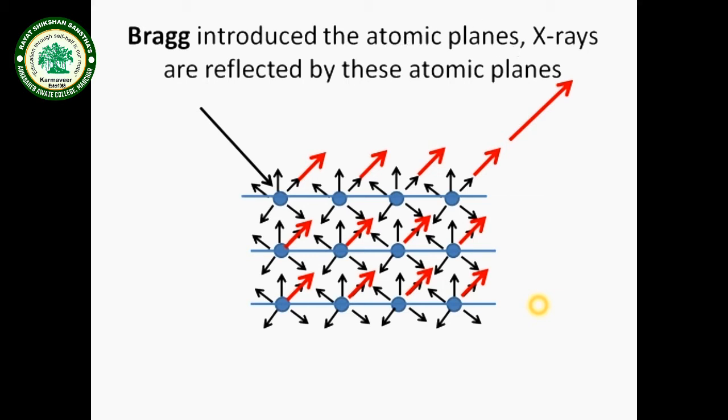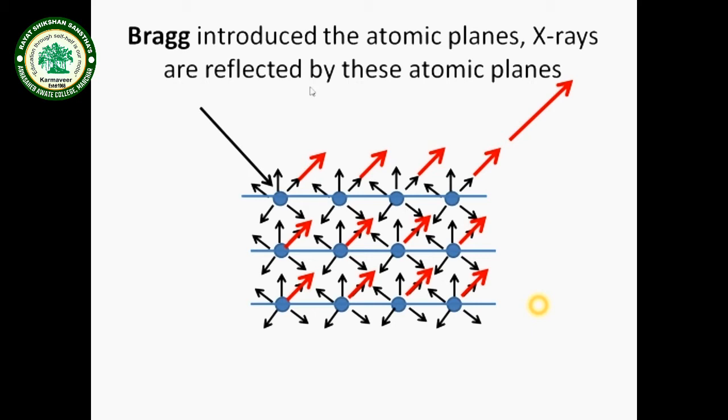And according to Bragg, X-rays are reflected by these atomic planes. He used this word reflected. Reflected means the angle of incidence is the same as the angle of reflection. So the word reflected is important here.